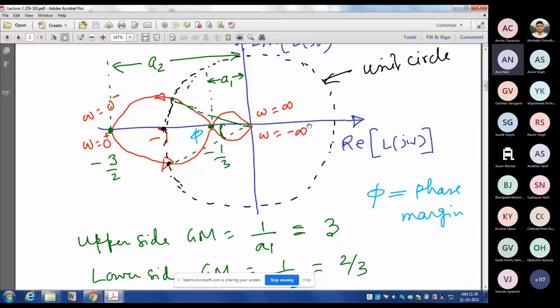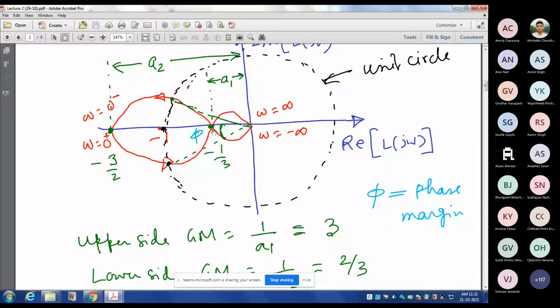Here also you can see the factor is 1 by 3. The factor by which you have to increase the loop gain so that the system remains stable: what is the factor you have to multiply?